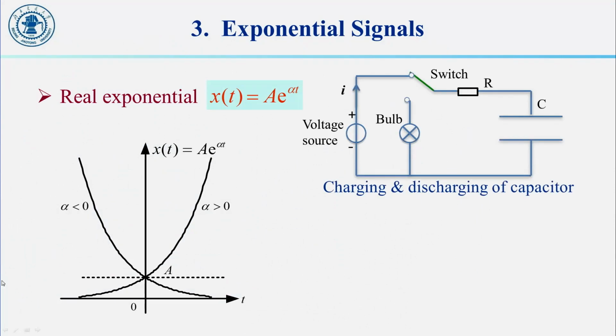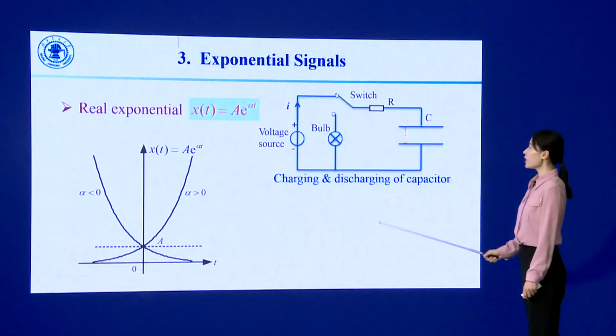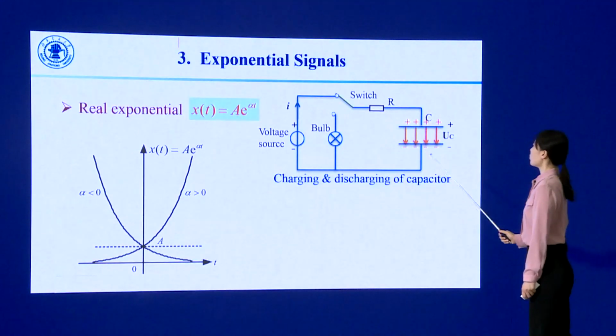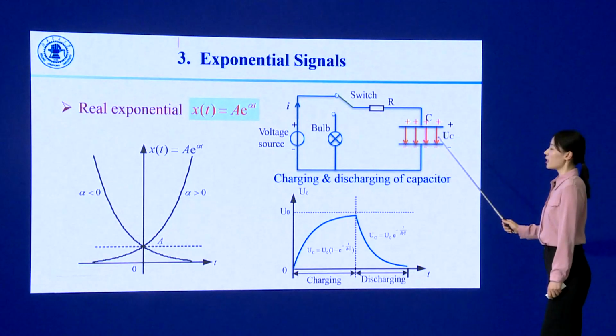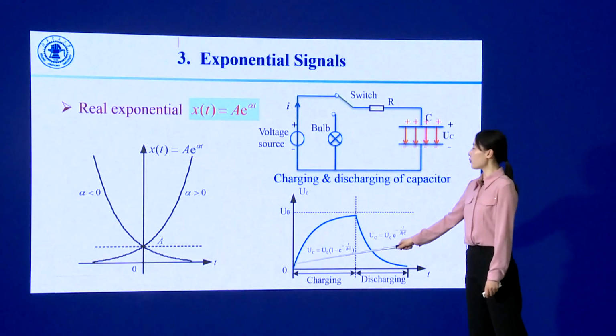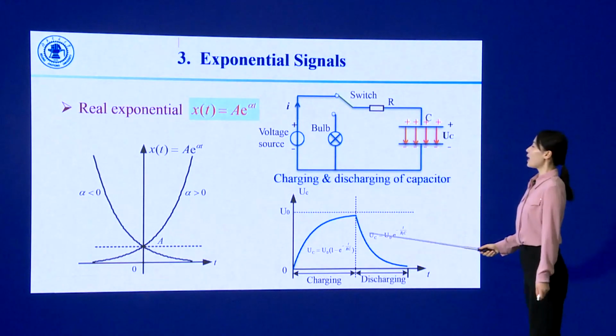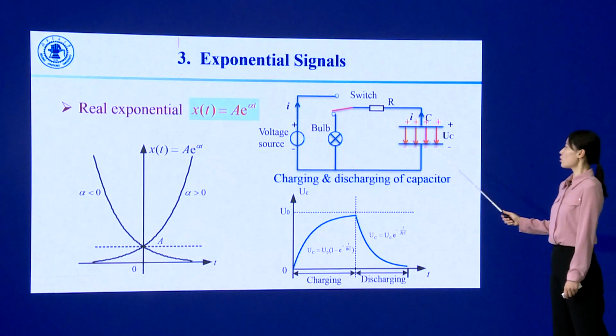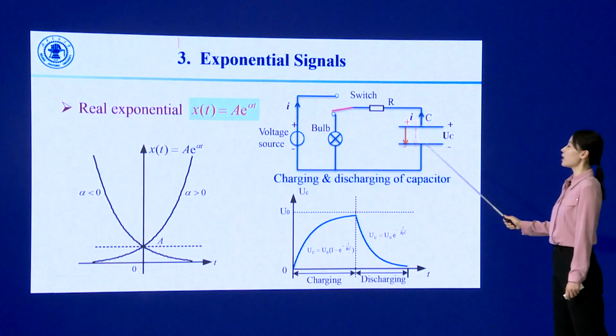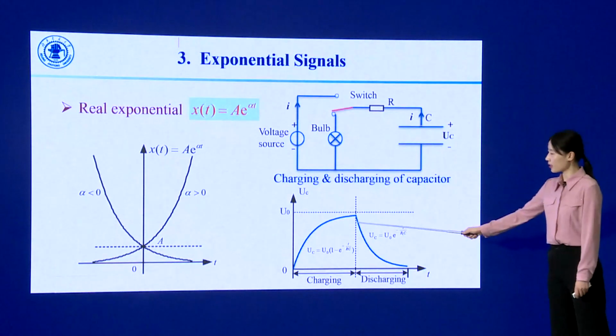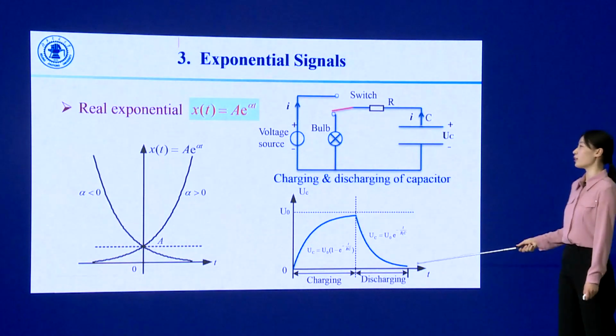The exponential signal can simulate the charging and discharging of a capacitor. In the charging stage, the voltage of the capacitor can be represented using this signal. At the discharging stage, the voltage of the capacitor can be represented using this signal.